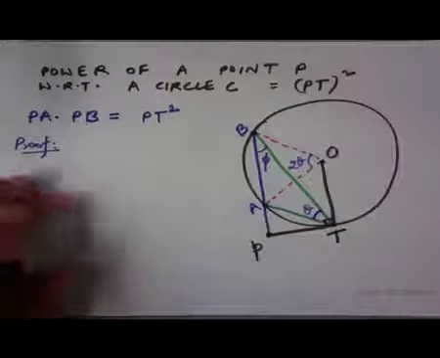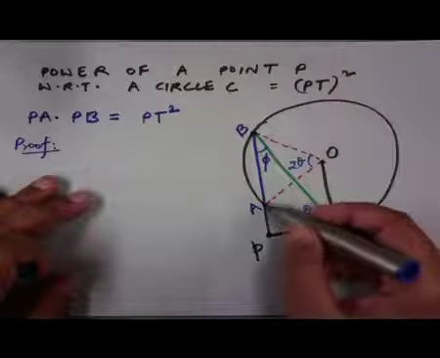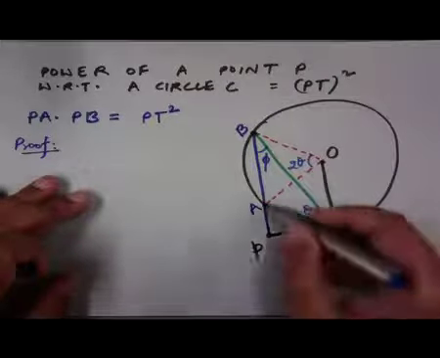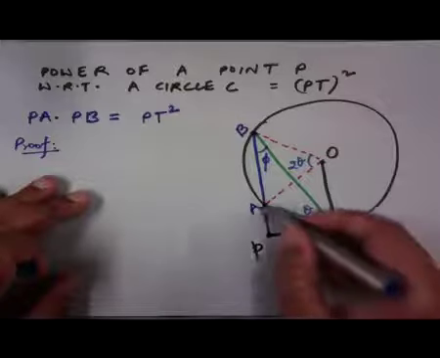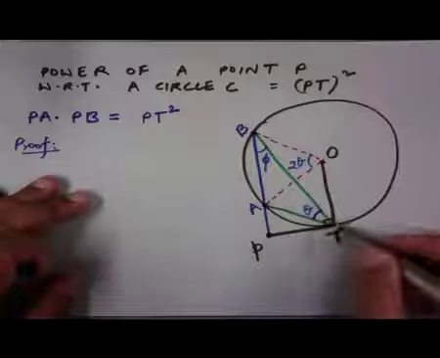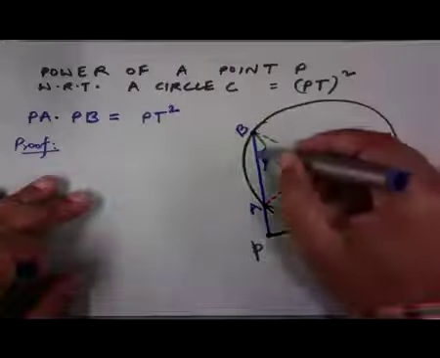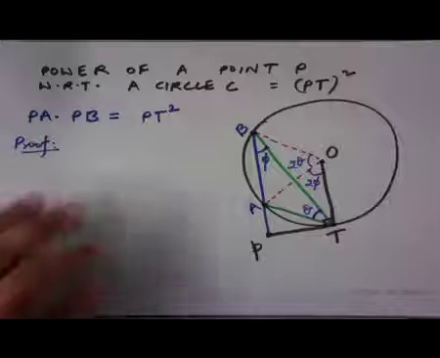Then again from the same result that we used earlier, the angle subtended by this arc AT at the center of the circle is going to be twice this angle, which is 2 phi.